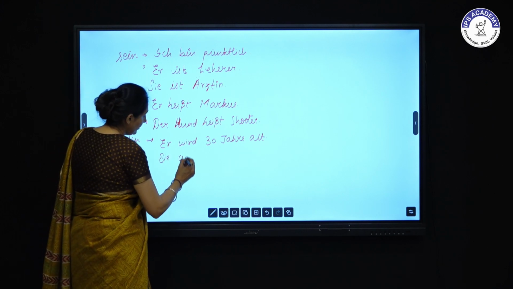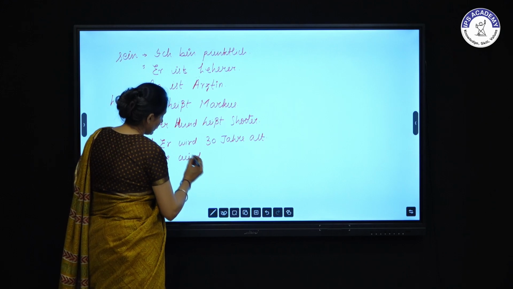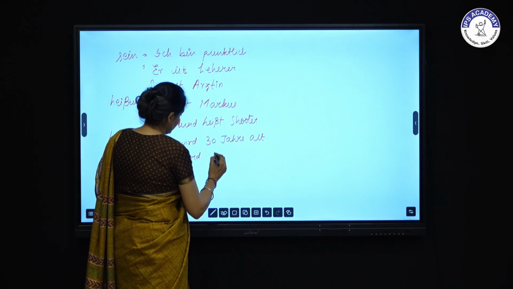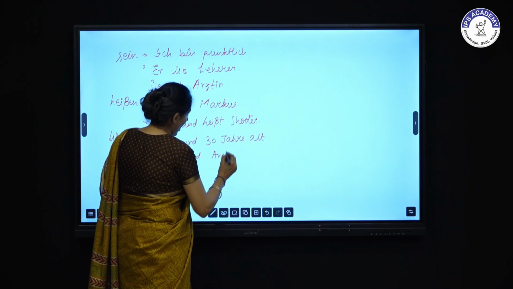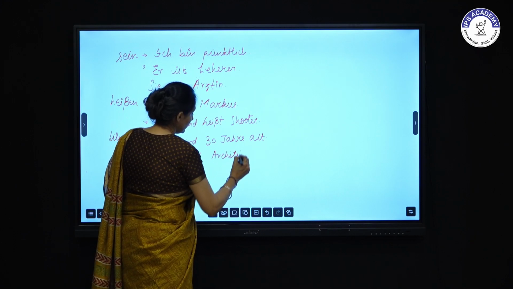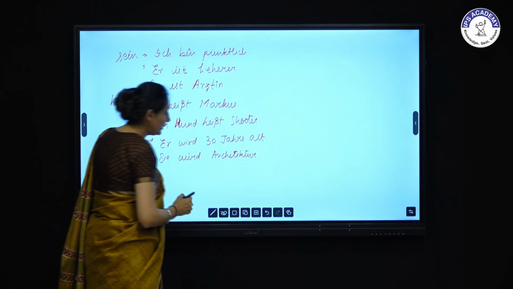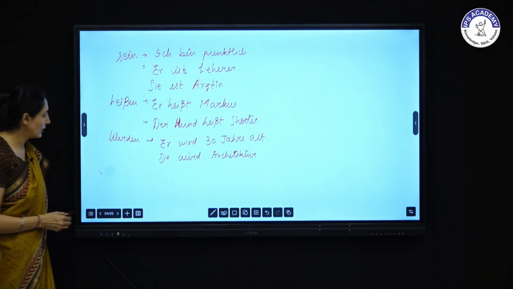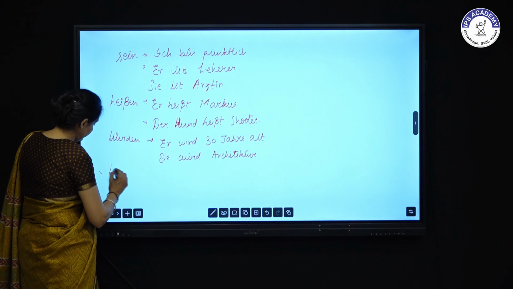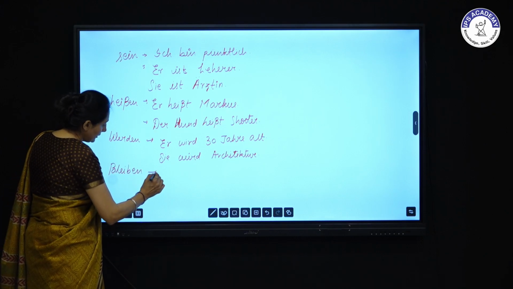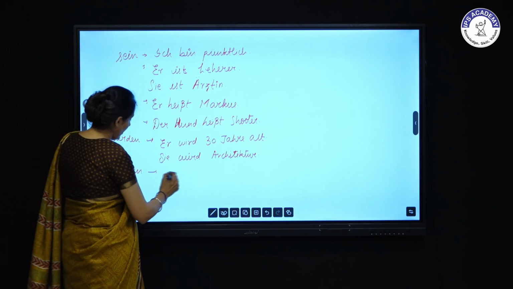Sie wird Architektur. bleiben. If we take the bleiben, then here it is what?